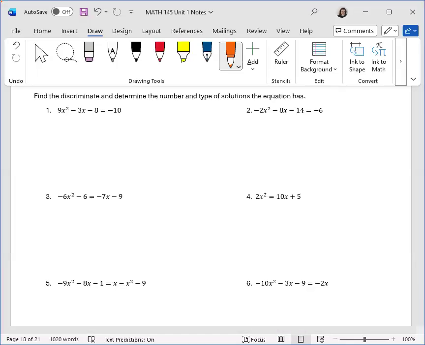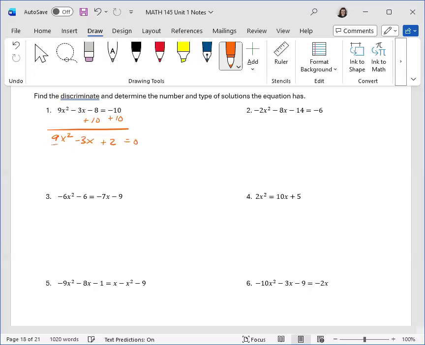The first thing that we have to remember is that these quadratic equations must be in standard form. So ax squared plus bx plus c equals 0. So no matter what, we need to isolate the variables and the constants on one side of the equation. So this in standard form would be 9x squared minus 3x plus 2 equals 0.